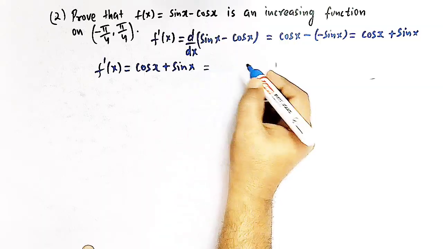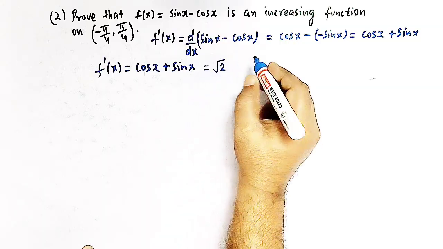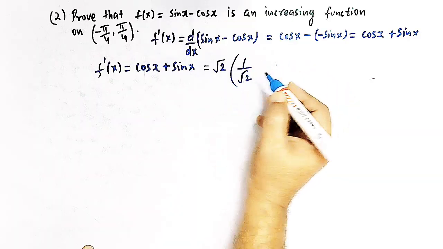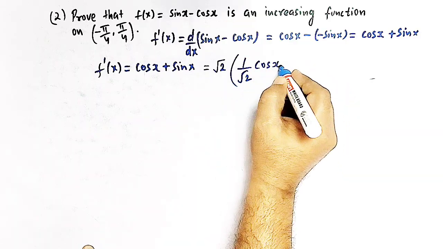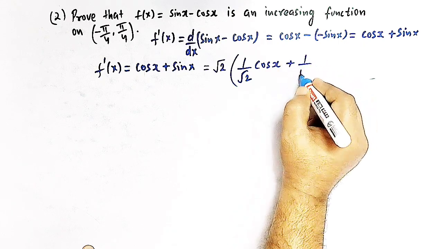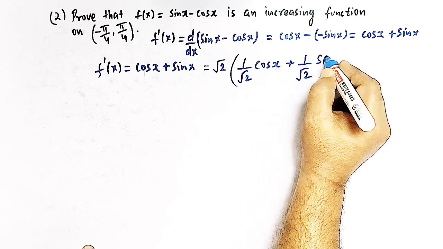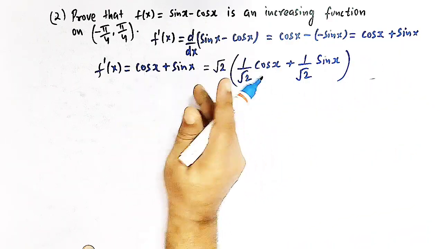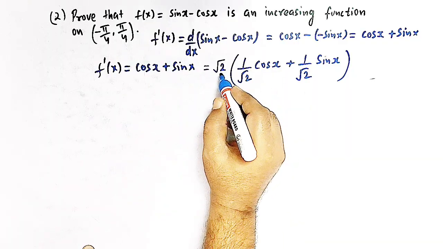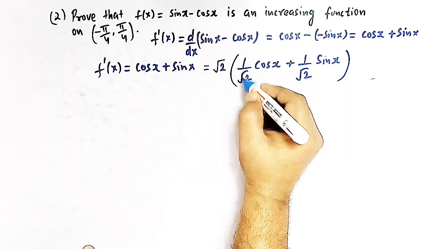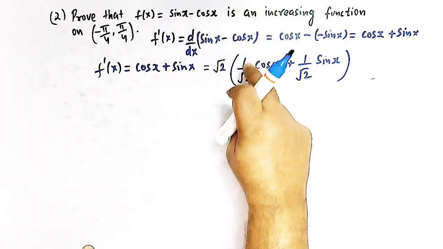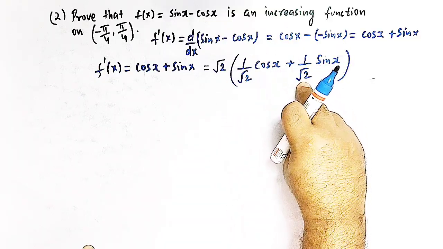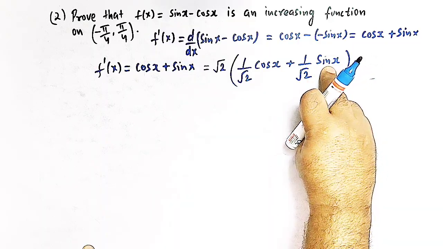So for this, what we can do, we can write here square root of 2, and then we can write here 1 over square root of 2, and here we have cosine x, then here we can also write 1 over square root of 2, and here we have sine x. So what we have done here, we have multiplied this term by square root of 2, and then here we have written 1 over square root of 2 times cosine x, then here also we have 1 over square root of 2 times sine x, right?